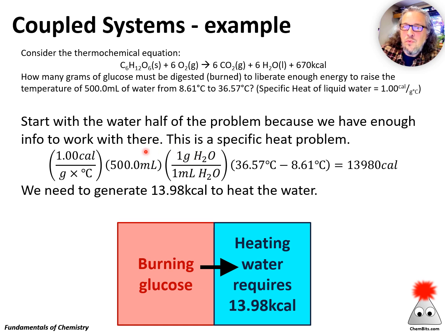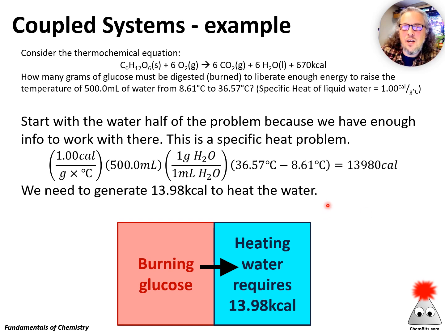So these together give me grams that cancel that grams. And how much of a temperature change am I looking at? Well, there's my temperature change. So I need 13.98 kilocalories of heat in order to heat the water the way that I want to heat it in the problem.